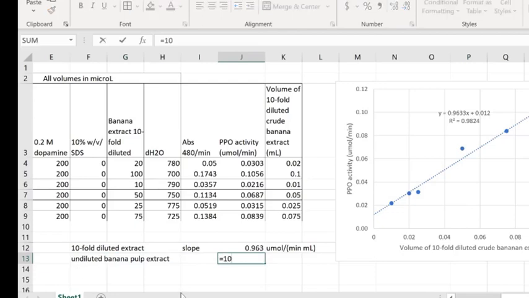So ultimately, the really final result is that 1 milliliter of crude banana pulp extract as prepared in this course can facilitate the oxidation of 9.63 or 9.6 dopamine substrate molecules per minute.